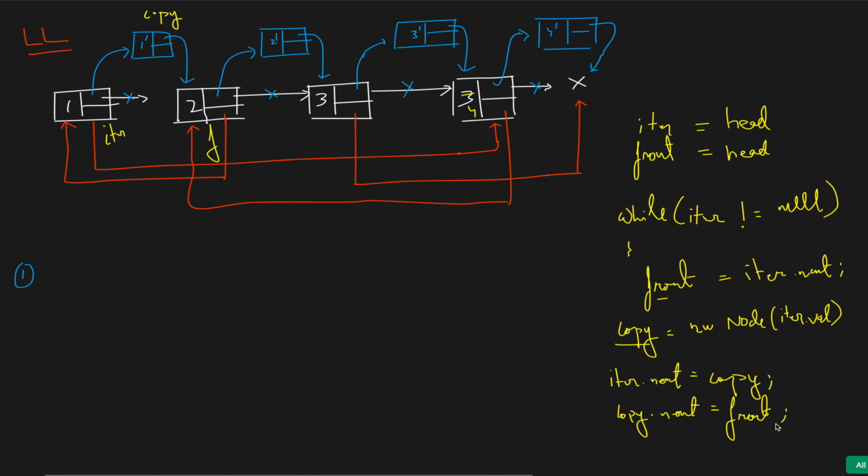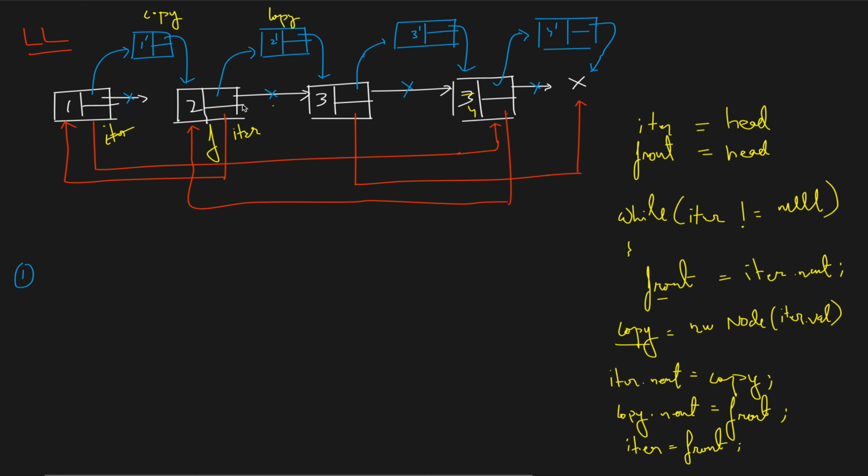Now for the next time when you come back and create similar stuff, obviously the iter has to go over here so that again front moves ahead and after that the copy gets created over here. So we can do this by moving iter to front in the next step.